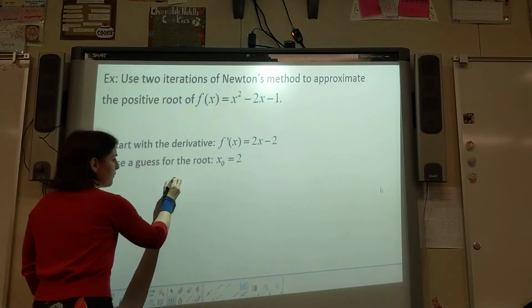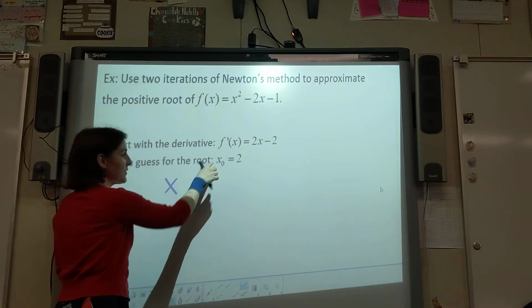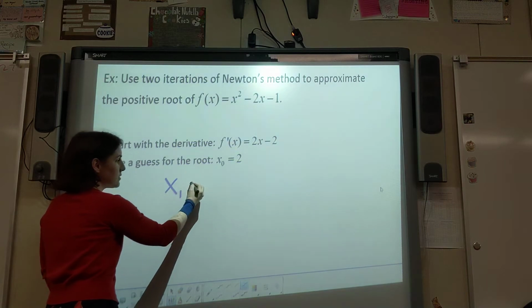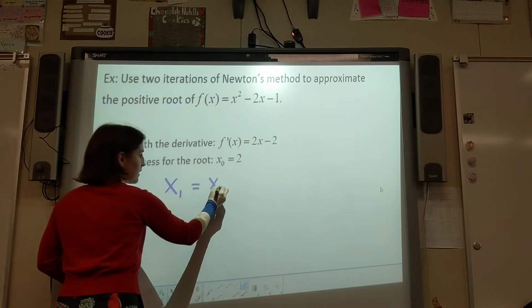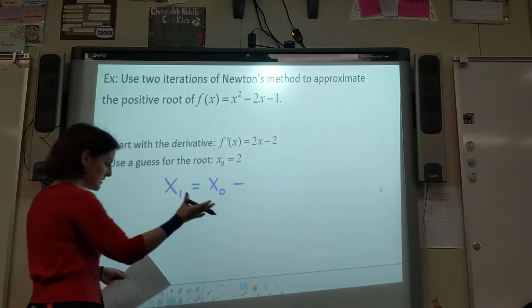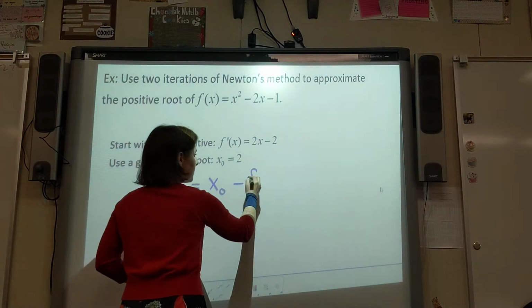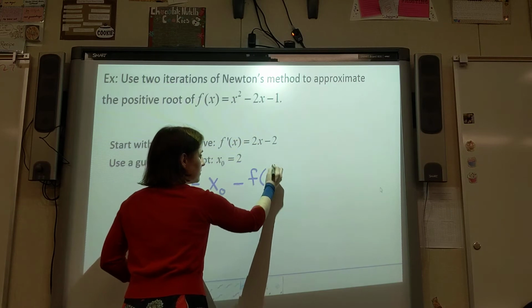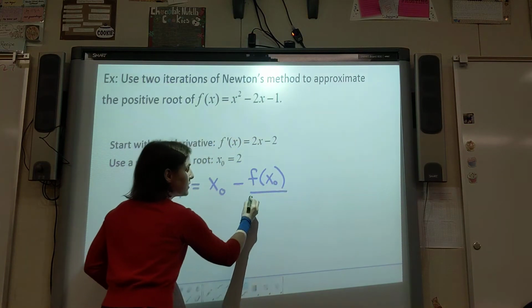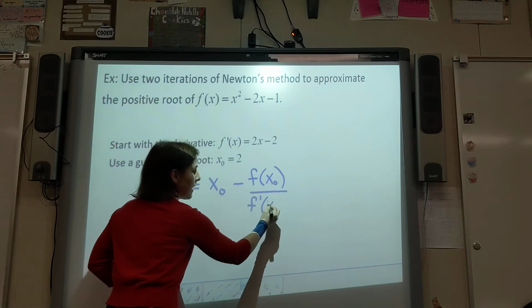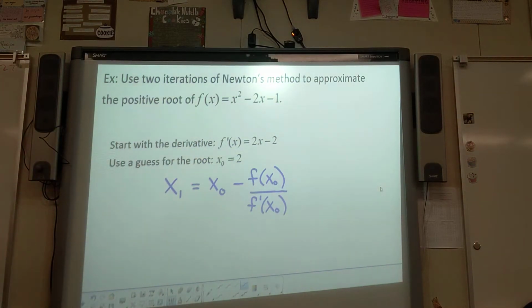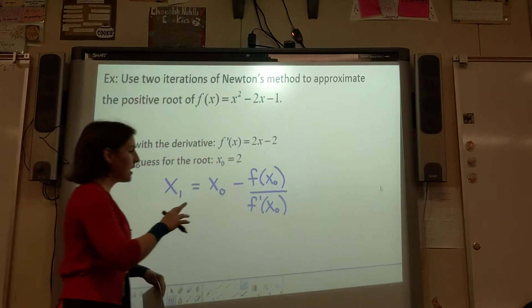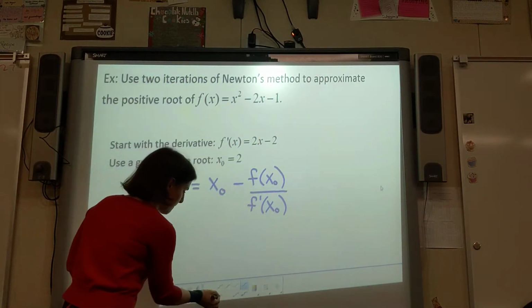Okay, so the formula, x sub n plus 1: if I start with x sub 0, 0 plus 1 is 1. So x sub 1 is x sub 0 minus the function value at x sub 0 divided by the derivative value at x sub 0. So that's what we're doing there. I'm going to plug things in.